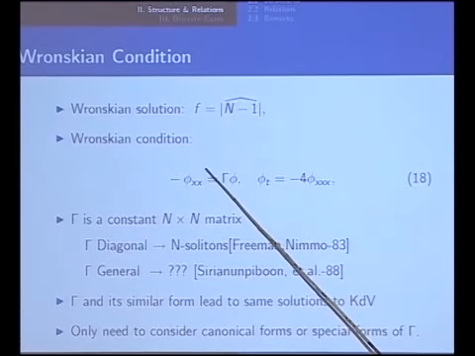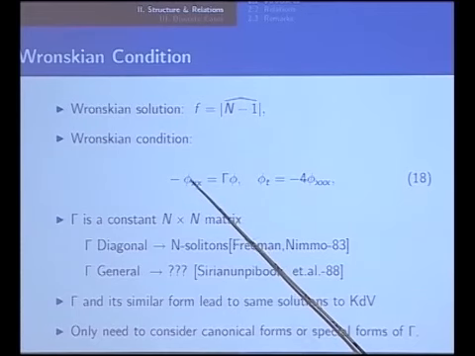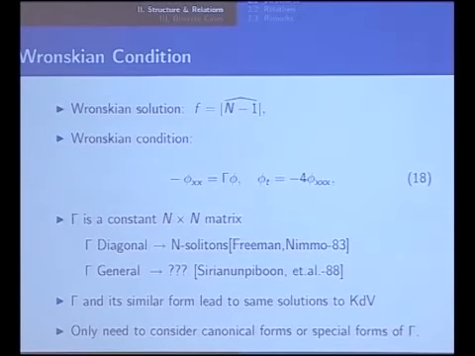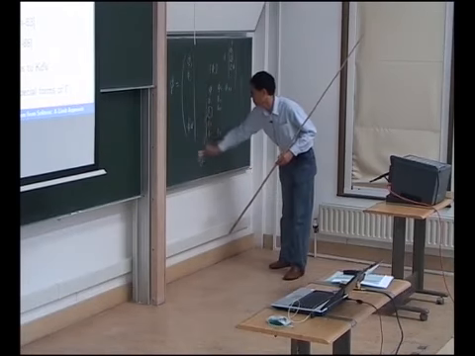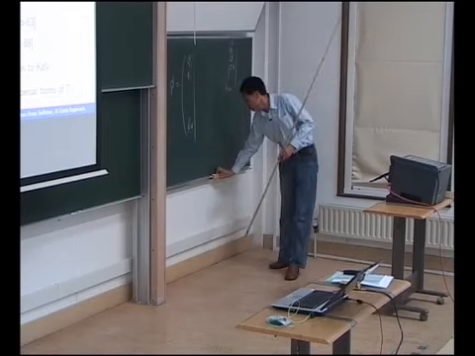The entry vector has to satisfy such conditions, which we call Wronski conditions. And now phi is a vector field.